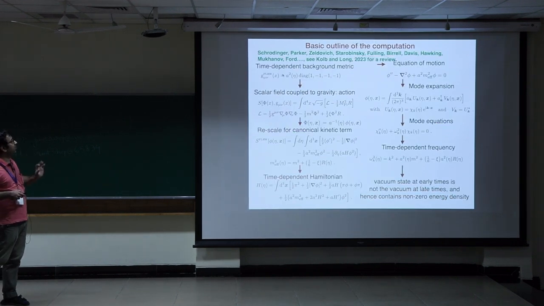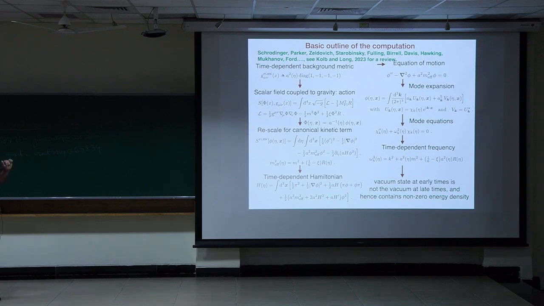Just to flash some technical details of how this computation is performed, these things have been studied since ages. Schrödinger wrote the first paper on this, and there are seminal works by Parker, Zeldovich, Starobinsky, and so on. You might look at this recent review by Kolb and Long summarizing these things. So we have this time-dependent metric, and you can start with the action of a scalar field coupled to gravity in this metric.